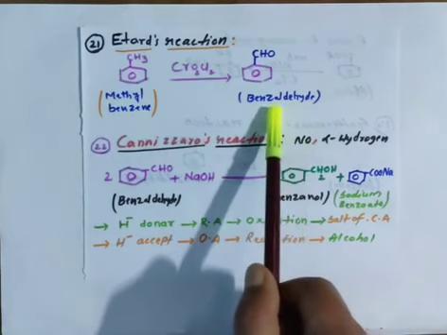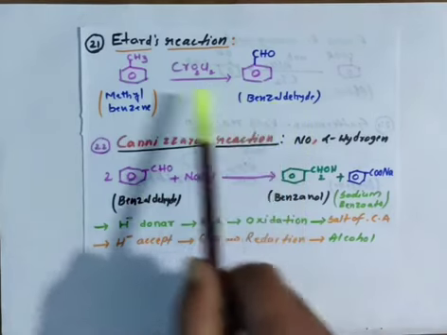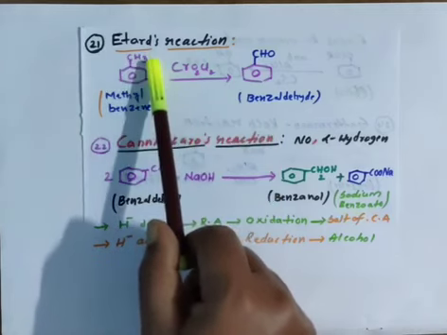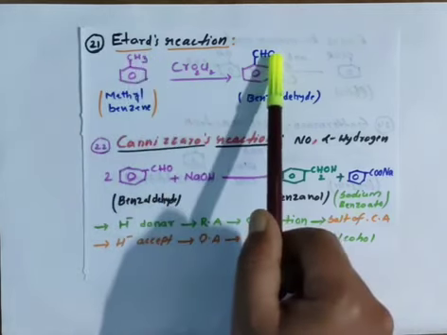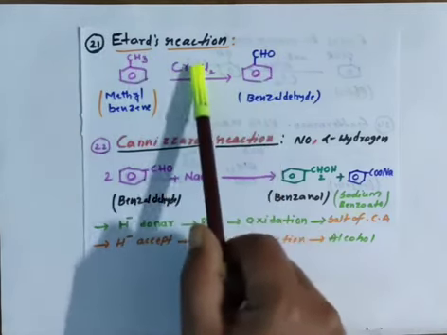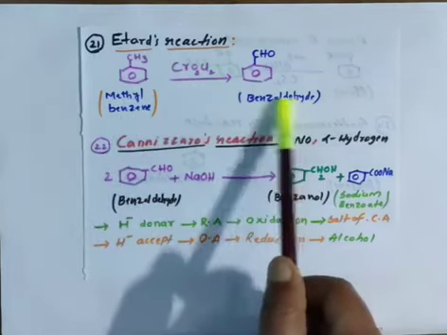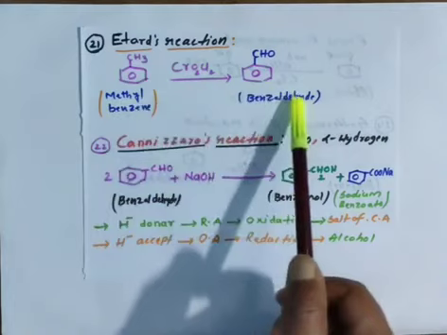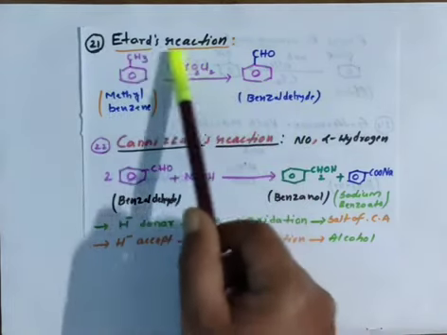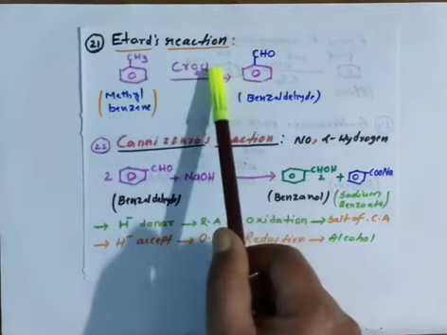The Etard reaction is used to prepare benzaldehyde. The CH3 group is converted to the CHO group in the presence of chromyl chloride. So how will you convert toluene to benzaldehyde? By the Etard reaction in the presence of chromyl chloride.